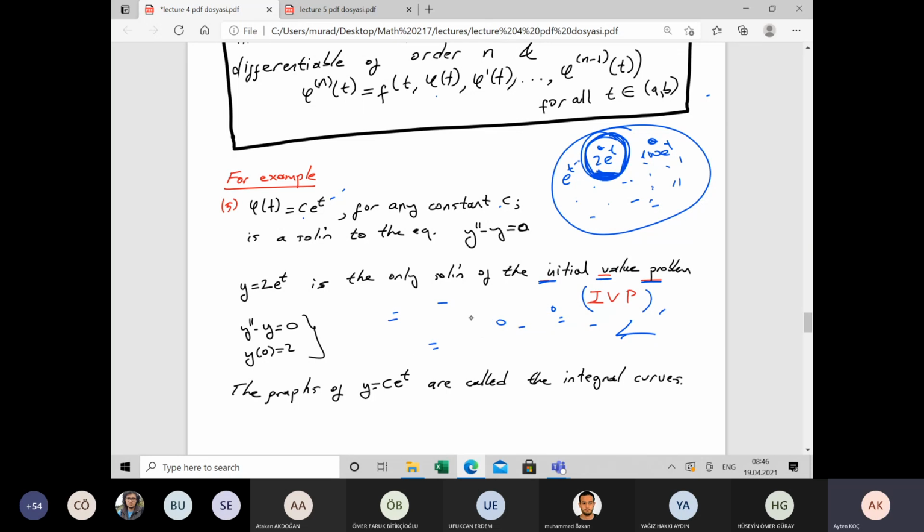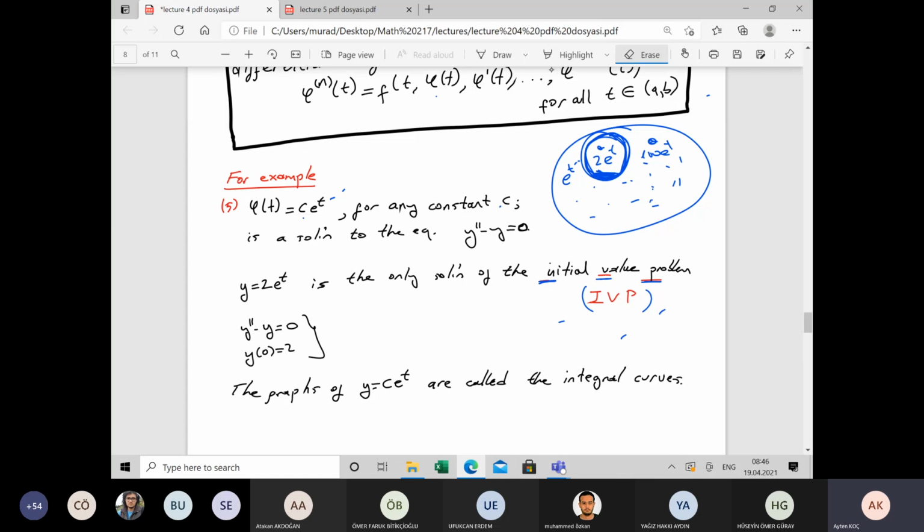And so the graphs of y equals C e to the t, where C is a constant. Look at the graphs of y equals C e to the t.